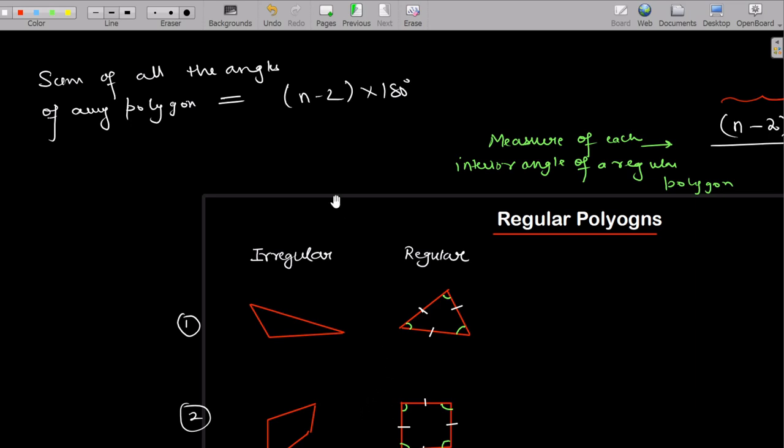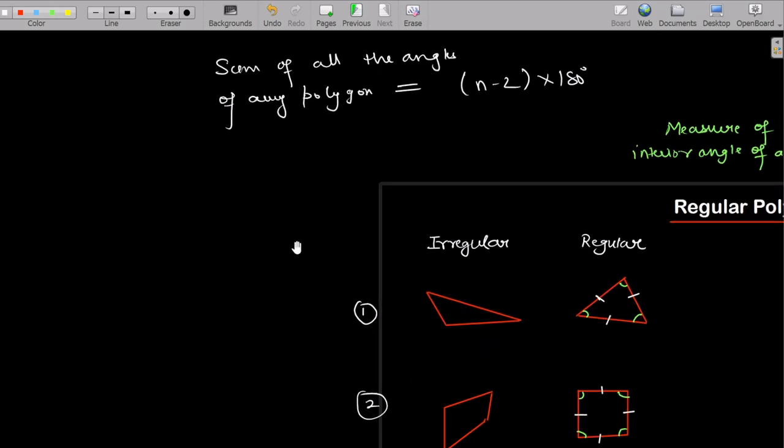So can you find out the sum of all the angles of a quadrilateral? Let's say we have this quadrilateral. Use this formula. 2 times 180, it's 360.